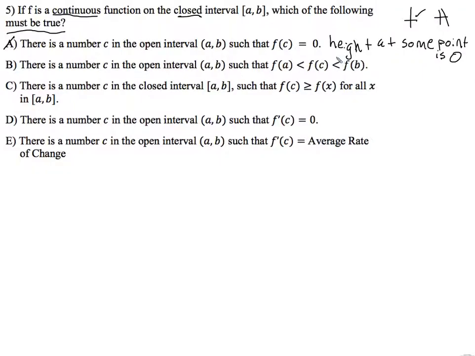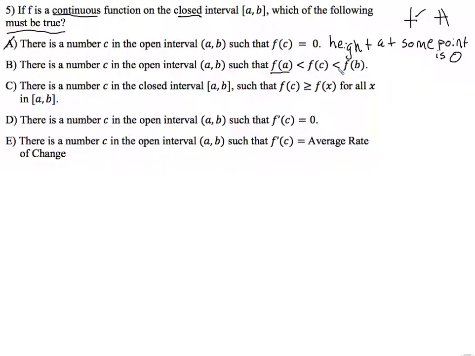So you're seeing the less than, and you see the f of c, and you're translating that as min and max. But that's not necessarily true. Min and max need a less than or equal to. So it's not min or max. So try again with a translation. Oh, the height of the starting point is less than the height of some point, which is less than the height of the ending point.